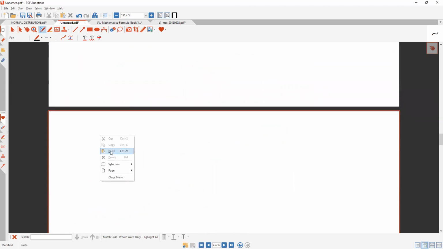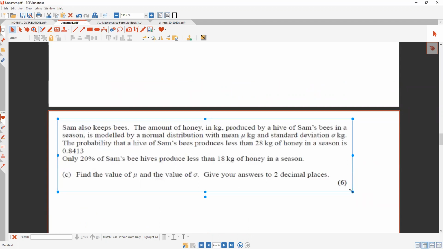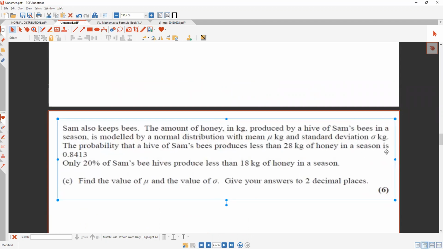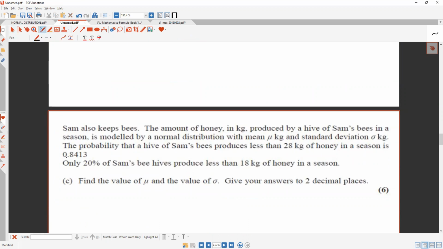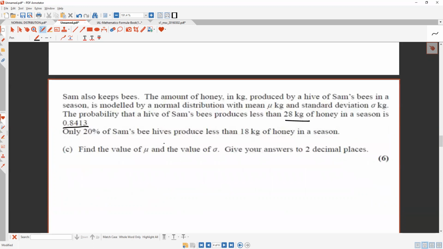Let's talk about the first information. They said that for less than 28 kg, the probability is 0.8413. So what does this mean? If his mean is here, then is 28 kg here or here?